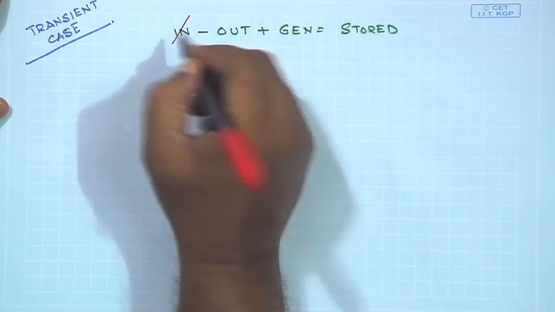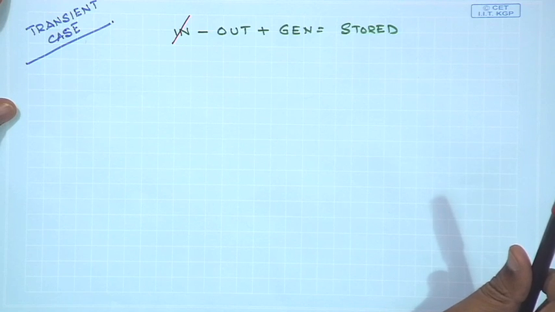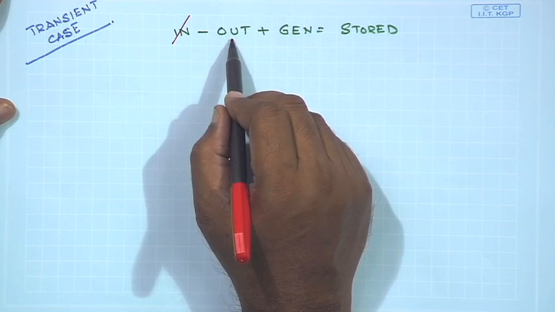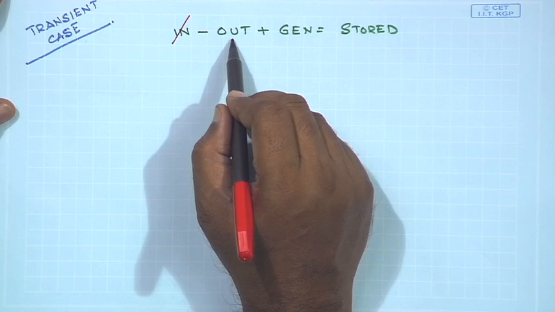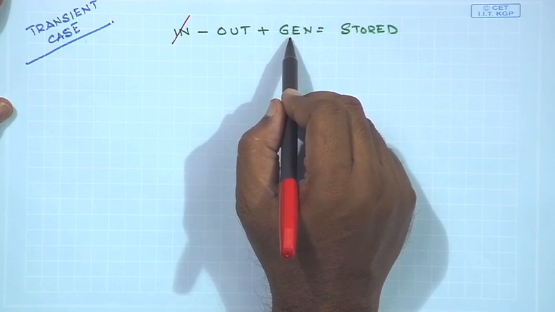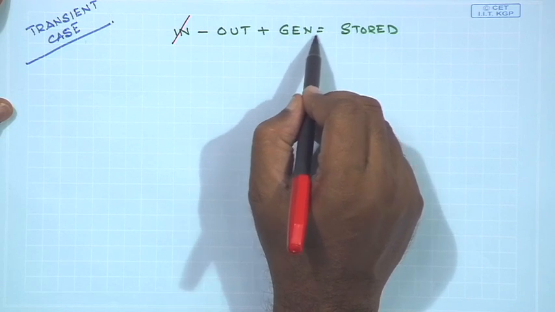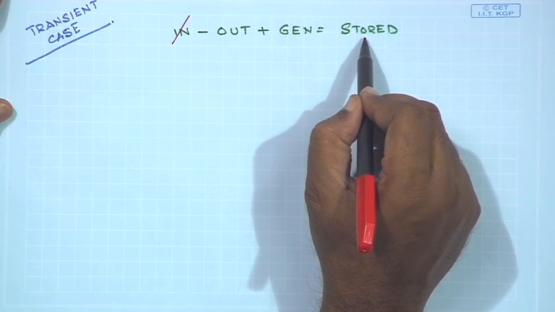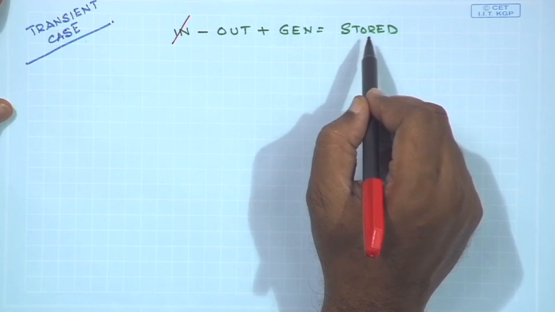Of course, nothing comes into the solid, but there is a convection in which heat is lost to the surrounding, but at the same time, since we have a current flowing through the wire, some amount of heat is going to be generated, as a result of which the energy stored would be different.